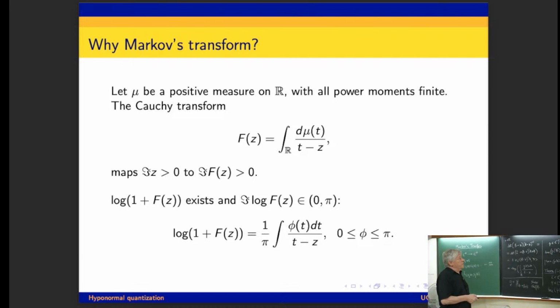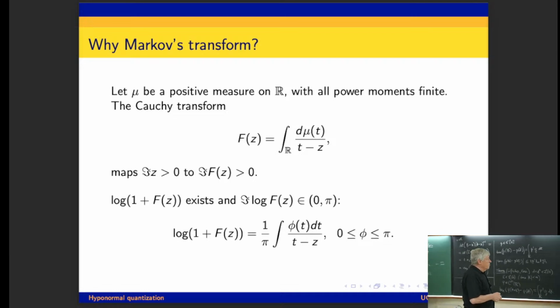What is so special about the Cauchy transform of a positive measure? You take the imaginary part, that means you multiply with the conjugate the numerator, the denominator is positive, and you remark immediately that if you are in the upper half plane, the imaginary part is in the upper half plane. So the Cauchy transform has this very specific property.